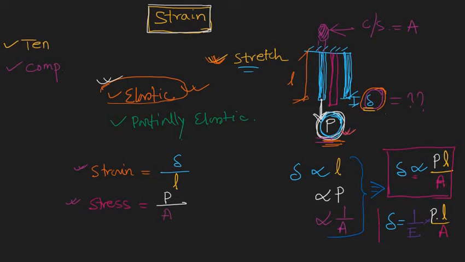So this is the deflection due to external load P on a member whose length is L and cross section is A. Now we have two more formulas here. You can see that the first one is the strain formula, and the second one is the stress formula.